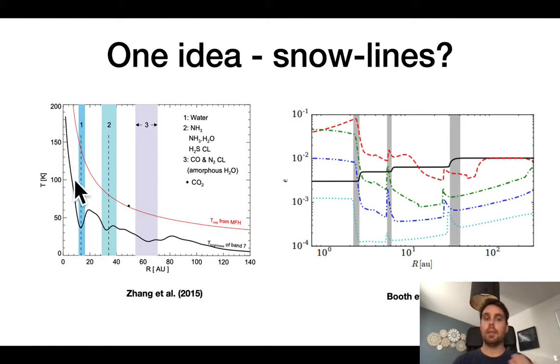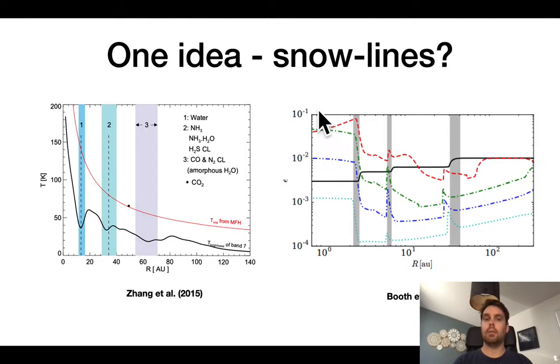And one of the perhaps hints of this was that if you compare the surface density profile of HL Tau, shown here in black, against the position of various snow lines, then the positions of features in the HL Tau famous ringed image appear to align with perhaps where these snow lines may lie.